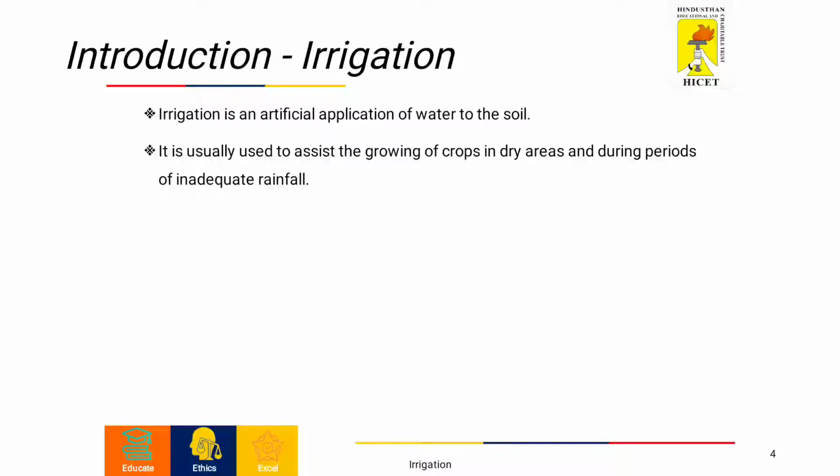So these three things are very important when you decide or schedule an irrigation to plants. Irrigation is used to assist the growing of crops in dry areas and during periods of inadequate rainfall.